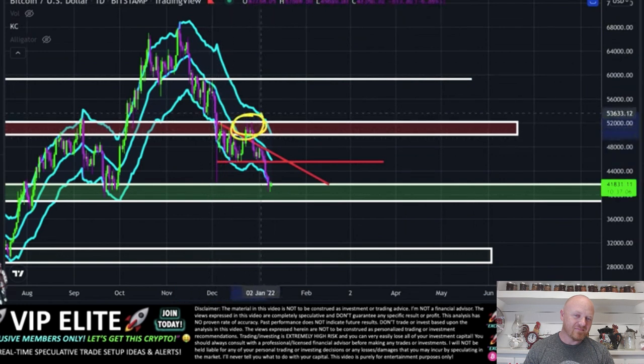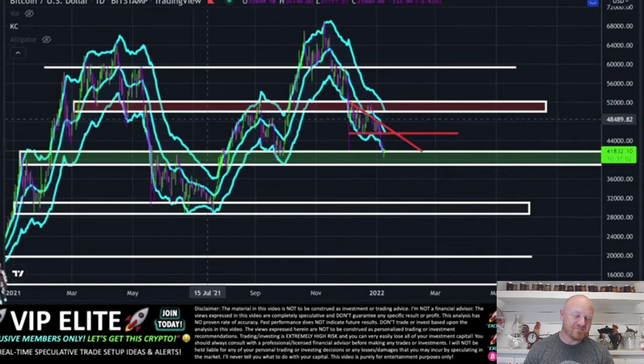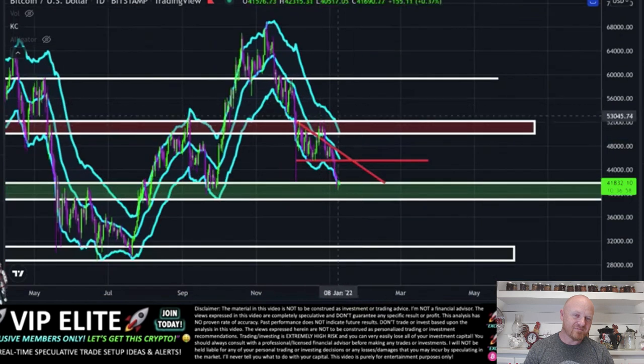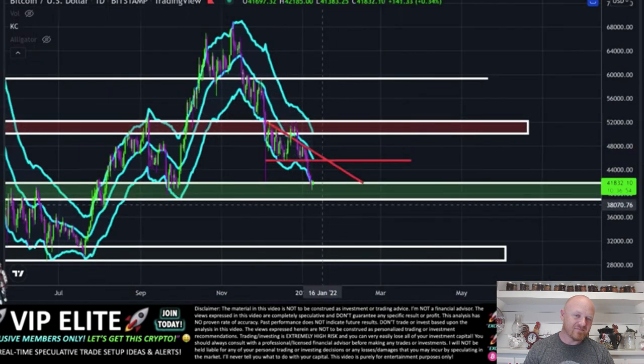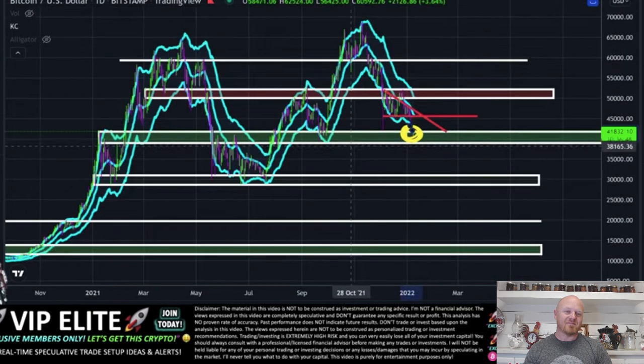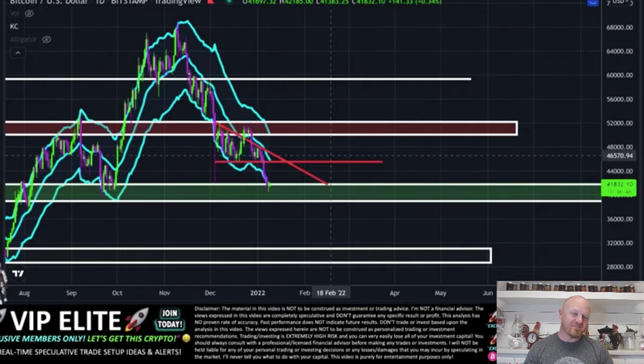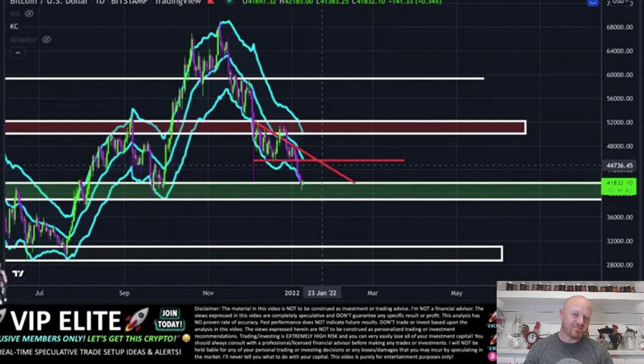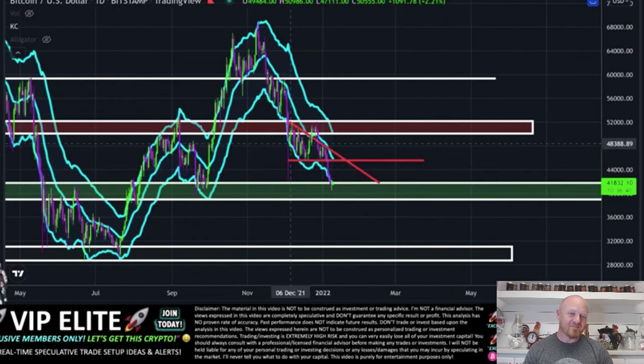This here, folks, was in my opinion the first real confirmation, especially testing up into this red box range here and in the top half of the Keltner channel band, and then seeing the rejection, and not only seeing the rejection, but then dropping below the bottom half of the Keltner channel band again. This is serious now, in my opinion. So we have a clear-cut picture now until proven otherwise. The trend right now is bearish, in my opinion.